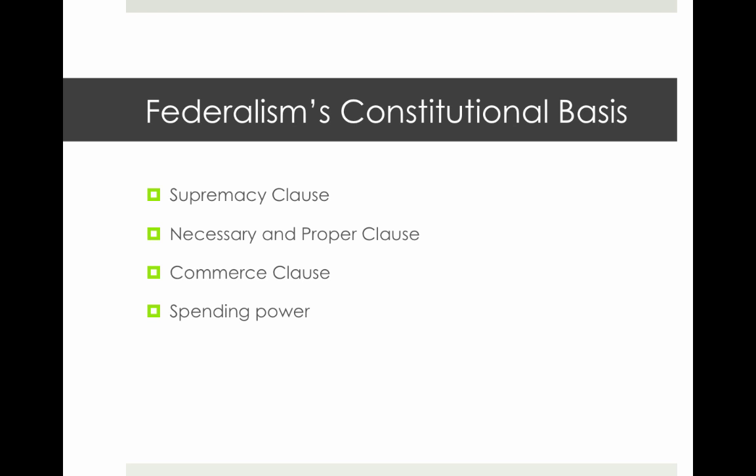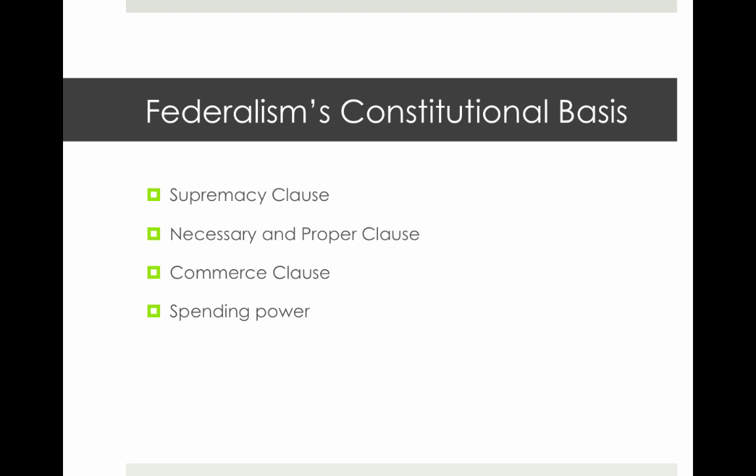So we will be talking to some degree about this institutional idea of interstate commerce and what that means for the states as they interact with each other and with the federal government throughout the semester.